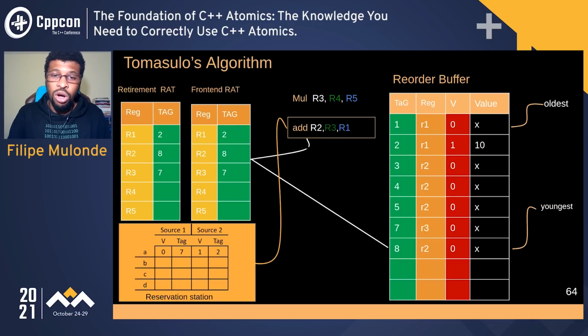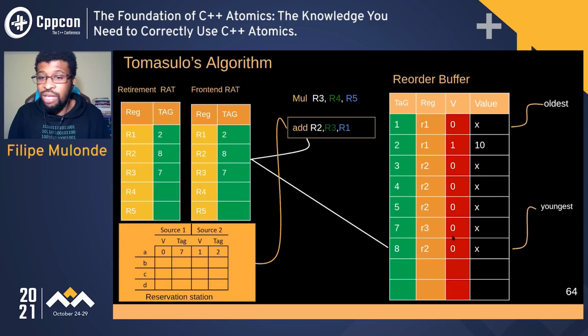So first, we go after the register number 3, and we find that the register number 3 needs to be found at the entry number 7 in the reorder buffer. And we use the tag to access the reorder buffer. In this case, it is the entry number 7. And we check the validity bit of the youngest entry of the register number 3 in the reorder buffer.